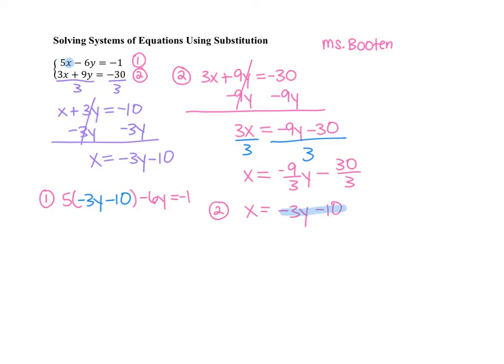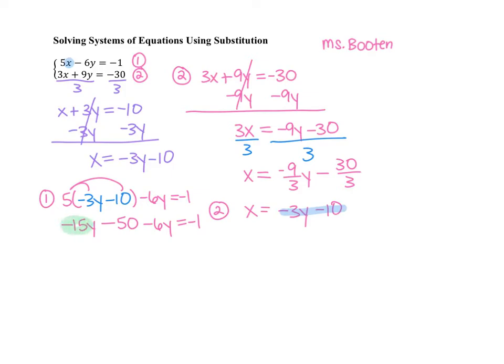Now that we have parentheses, we know we have to use the distributive property. So 5 times negative 3y is negative 15y. 5 times 10 is 50, but you're subtracting it, so it's minus 50, or you can say you're adding a negative 50. Finish out the rest of the equation, so minus 6y, and then equals negative 1. Now we do have like terms in this one, so let's look at those.